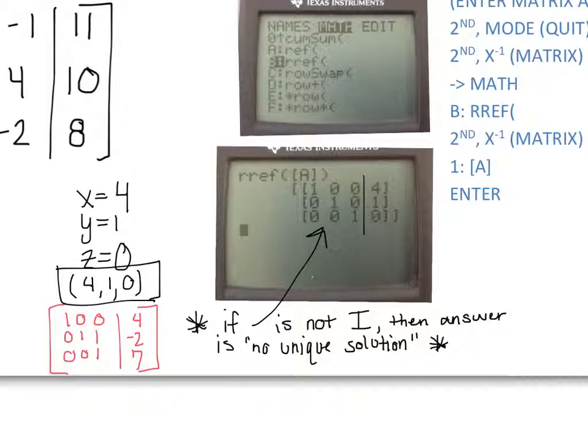Now on your homework today, I want you to do it this way, so that you can practice. Now remember, you're going to have several that'll get no unique solution. But always go back and double check that you put your matrix in correctly, because if you put your matrix in wrong, it might give you a no unique solution as well. So take your time putting the matrices in.